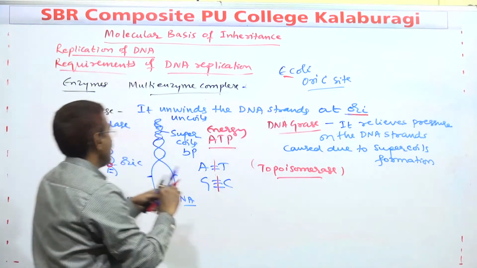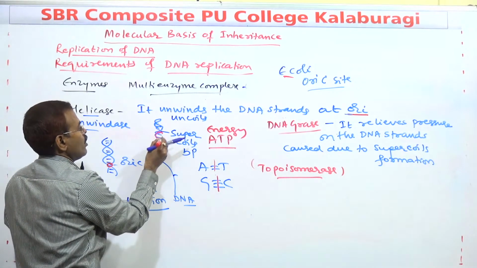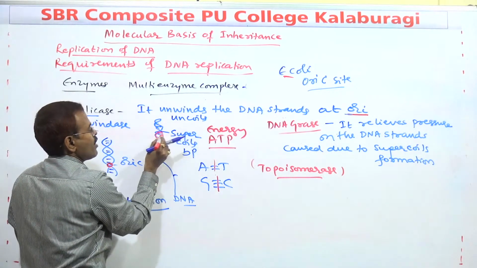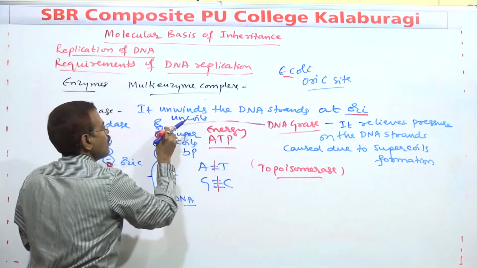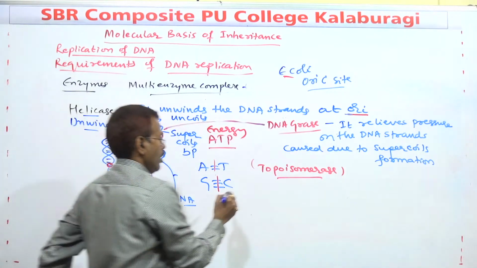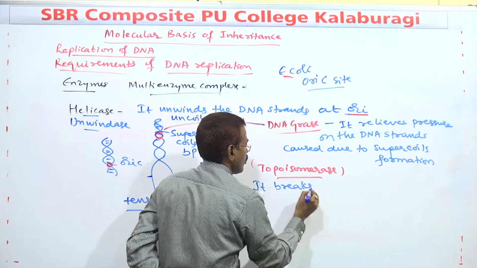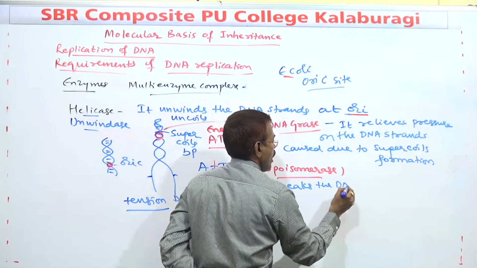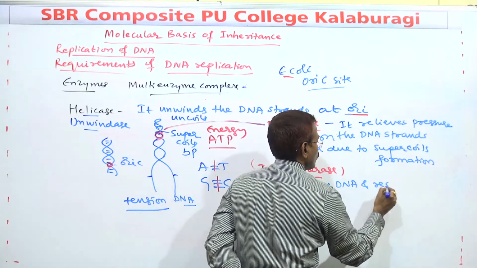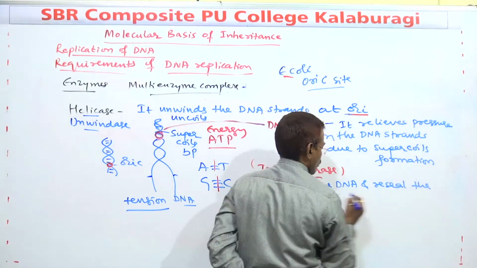Whenever supercoils are formed here, DNA gyrase can come and bind to it. It breaks the DNA and reseals the DNA strands.